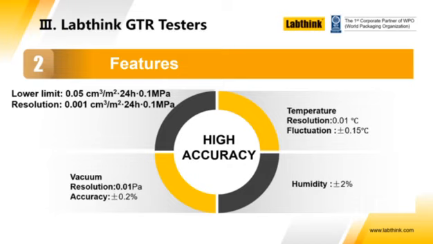Because the equipment is capable of measuring high barrier materials, in other words, those which permit the transmission of very small amounts of gas, it's very important to have a vacuum system that can create an environment which is free as far as possible of any trapped or residual gas from a prior test. And so when testing the high barrier materials, it's very important to get a very high degree of vacuum.